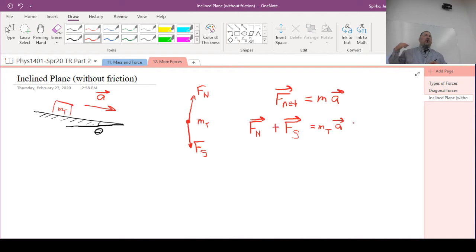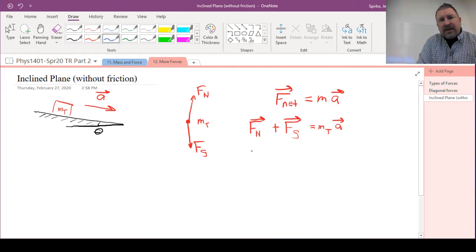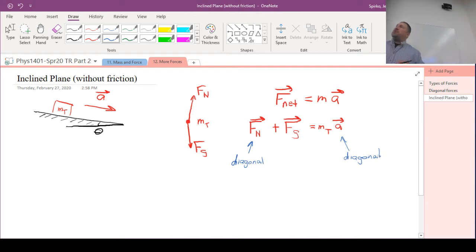Now, if I just go and make my x and y equations like I did before, it's going to be really complicated, because if I think about the directions of these things, this is diagonal, and that is also diagonal. So I'm going to have two different forces that are going to end up with sines and cosines in the different equations, and it's going to be a big mess.